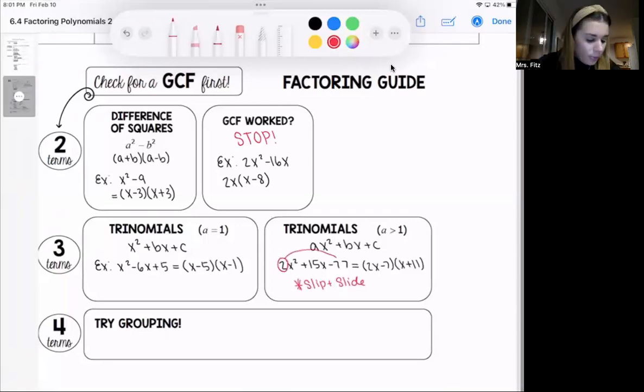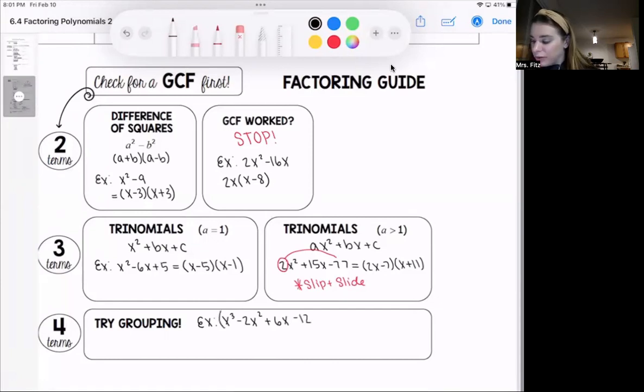Now you may also want to try grouping. And so that's when you have 4 terms. So one example of that would be something like this, where you have x to the third minus 2x squared plus 6x minus 12. And that's where you would group the first 2 terms and the last 2 terms.